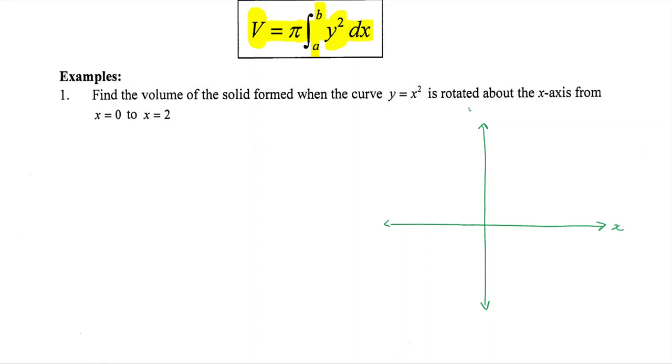So we have the x-axis, y-axis, and we're drawing y is equal to x squared, which is a parabola concave up, like so.